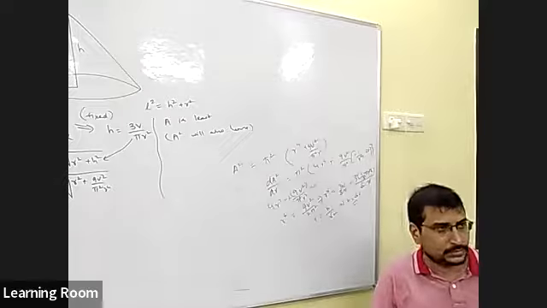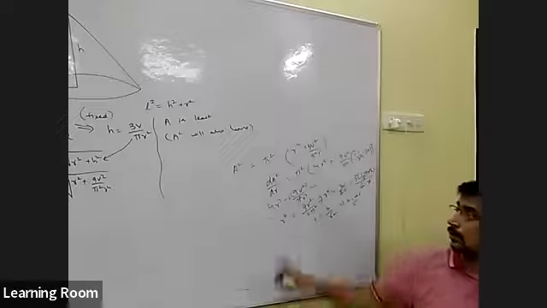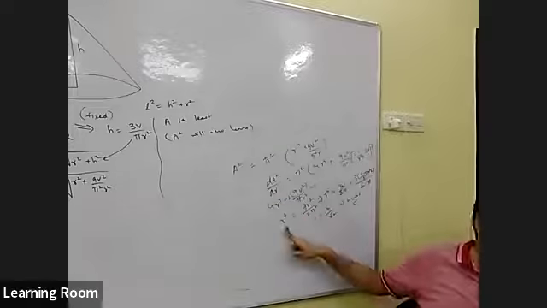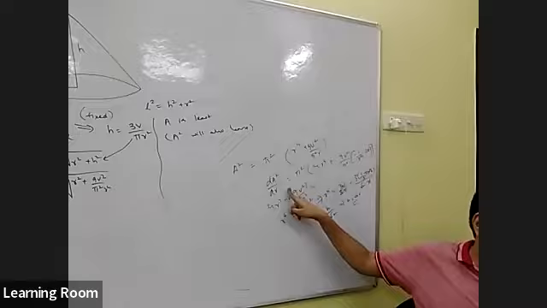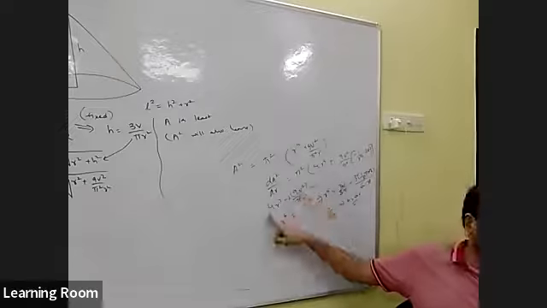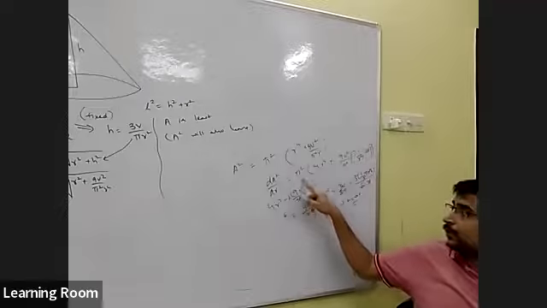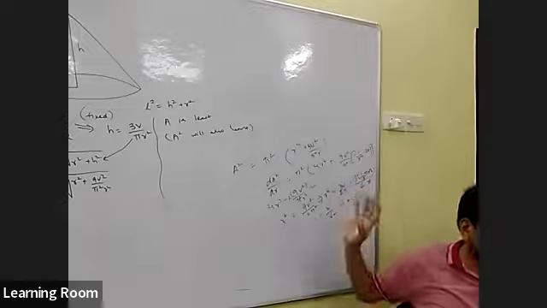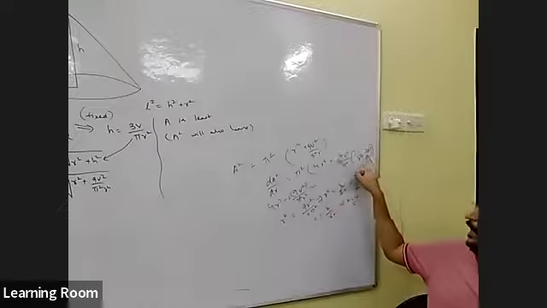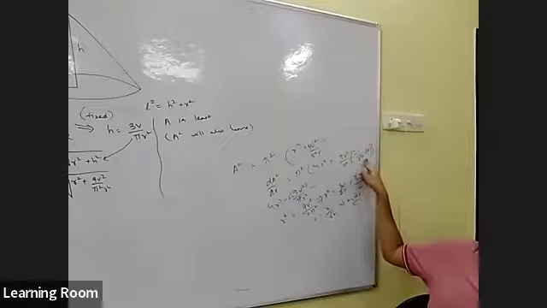What is that? Did you understand? Which one? This one? This one? 4r cube. So I'll differentiate it and equate it to 0. When I equate it to 0, pi square will get cancelled on the bottom. Okay, so 4r cube minus 2 into 9b square divided by pi square r cube.